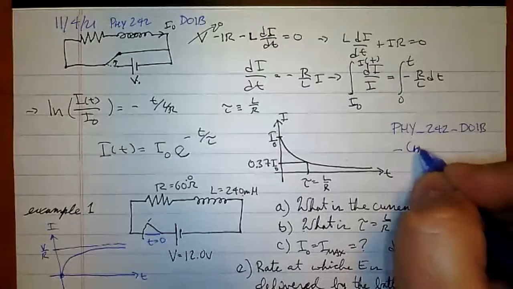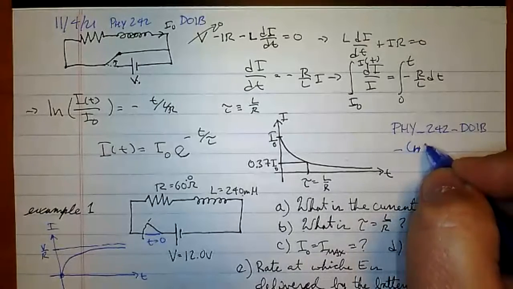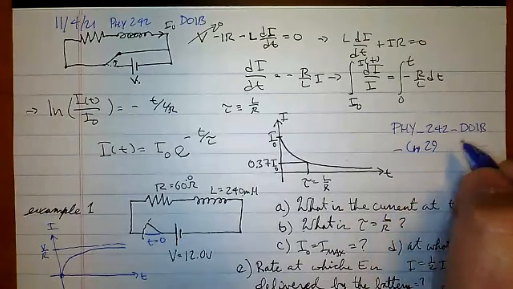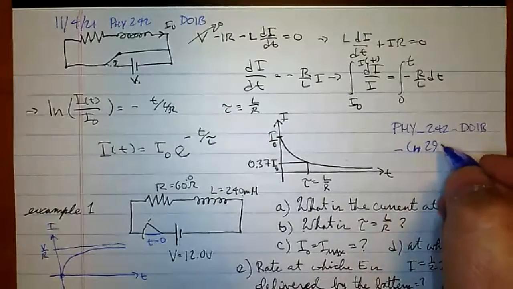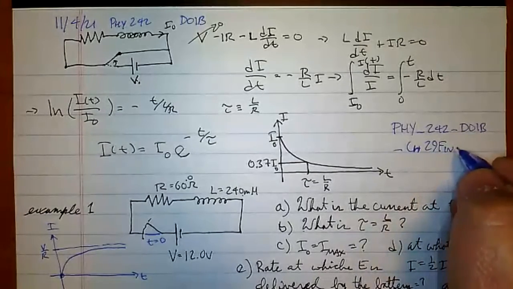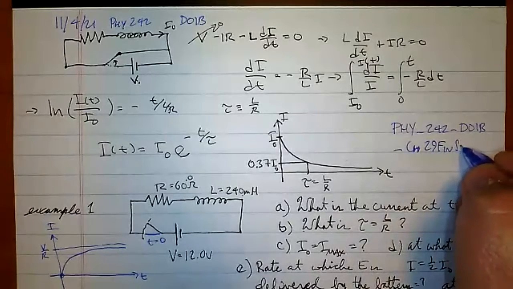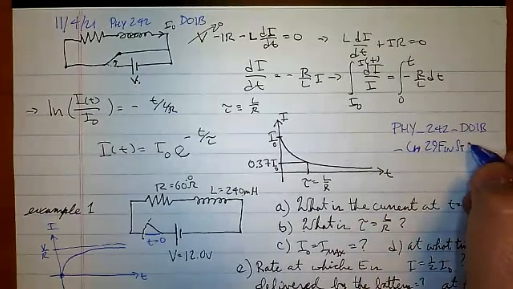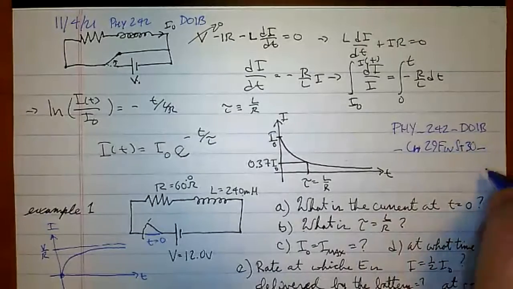I do it capital C or lowercase h, and then I do 29. And if I happen to have finished the chapter, I'd put fin. And then if I happen to start another chapter, I'd put S, T, and say 30 or something like that. And then I do an underscore and I put the date.